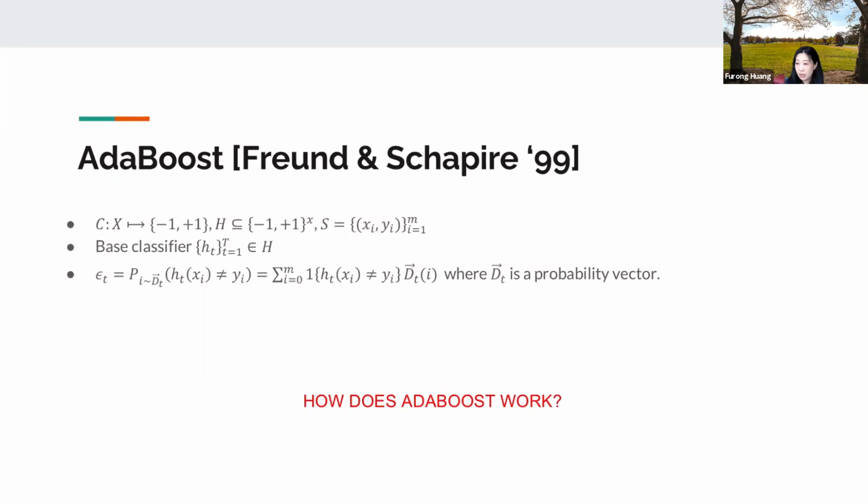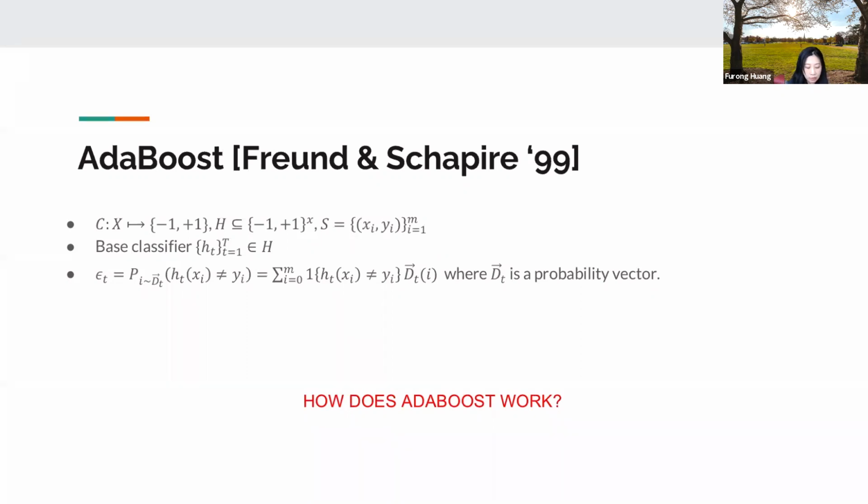Now, your hypothesis class is any labeling of these examples. So I just write it as -1, +1 for every x. So essentially, you can label it anyhow. Now your S is just this collection of the examples. So it's your training data set. Okay, you have M examples in your training data set.